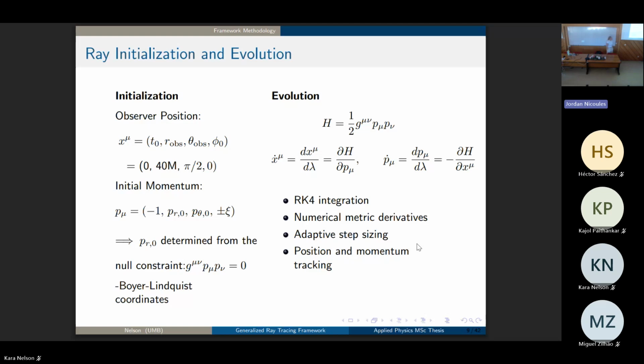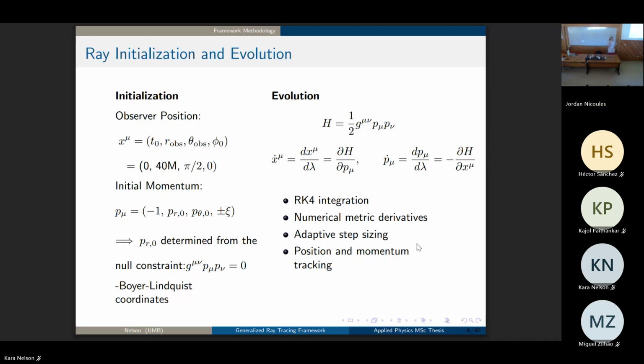Yeah, so we use Runge-Kutta fourth order integration, which is nice because it's relatively simple to understand, and it also is very robust and computationally efficient. We also use adaptive step sizing, which is nice. For the Hamiltonian, we use it as a tracker of tricky spots. Turning points are not very nice, and close to the event horizon things get a little bit complicated numerically.